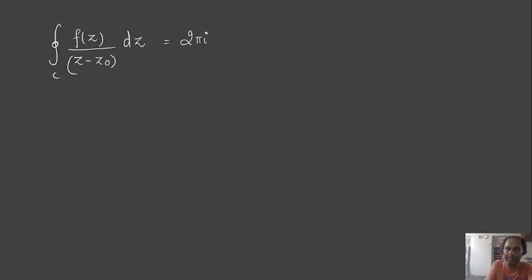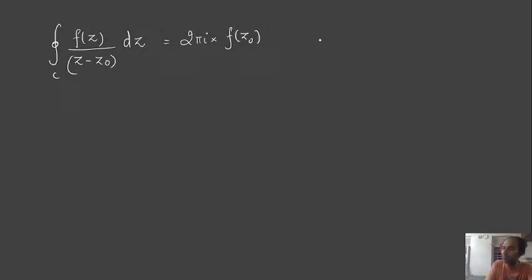See, first I'll just revise quickly the main formula, the one that we are going to use in solving the questions: integration of f of z over z minus z naught dz over some curve C is equal to 2 pi i times f of z naught.